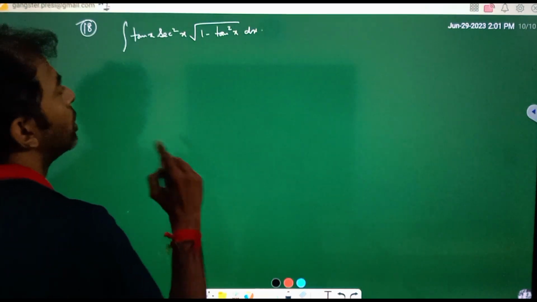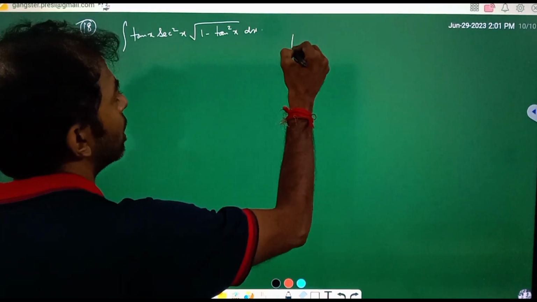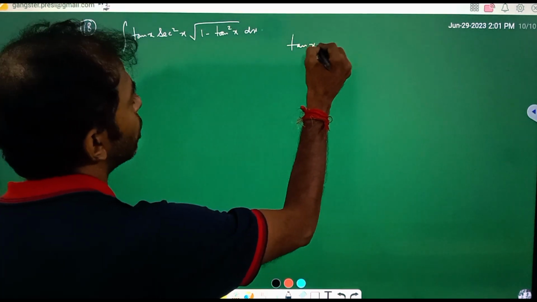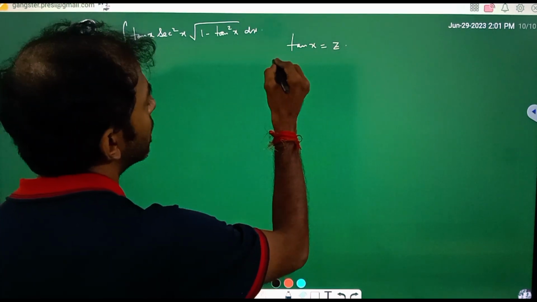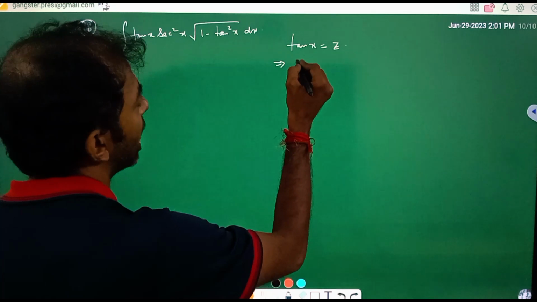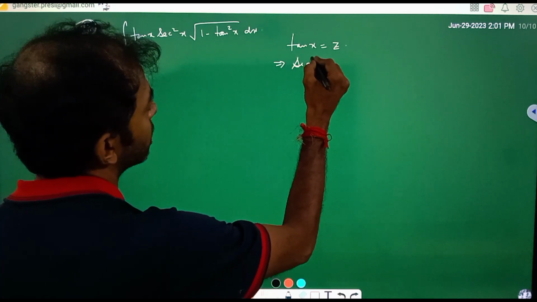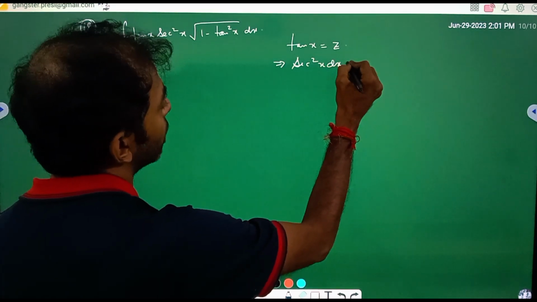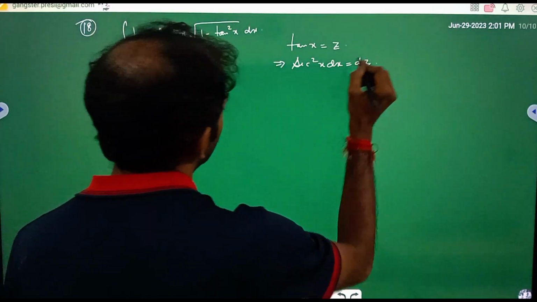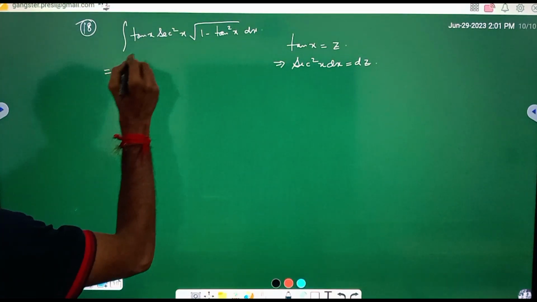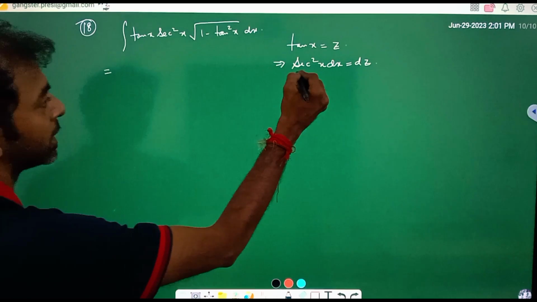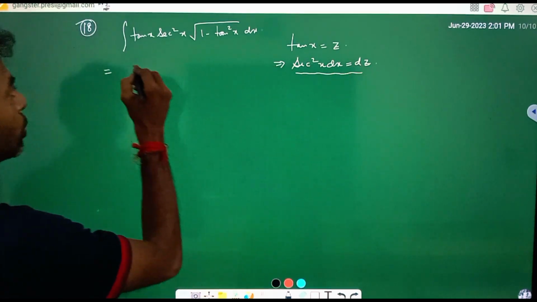Okay, now what will be the procedure here? Tan x will be substituted by z, and we all know that sec square x dx equals dz. So sec square x dx will be dz.